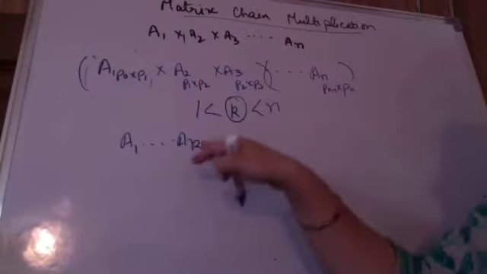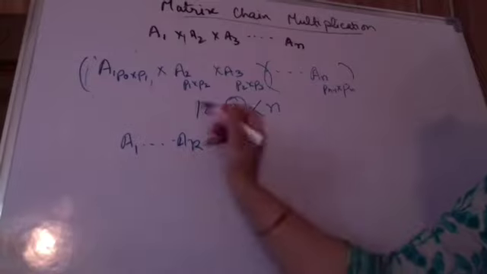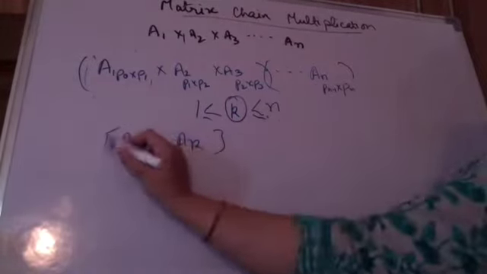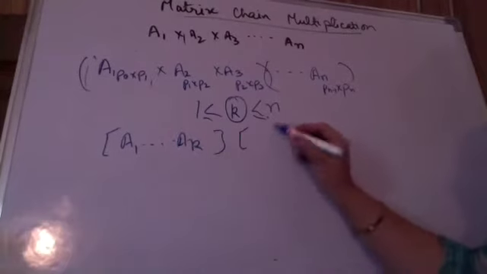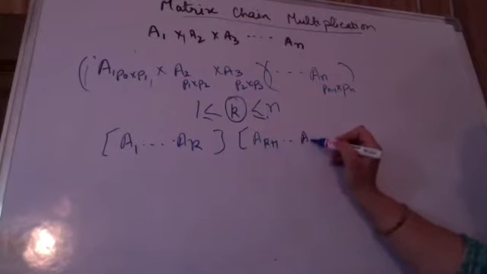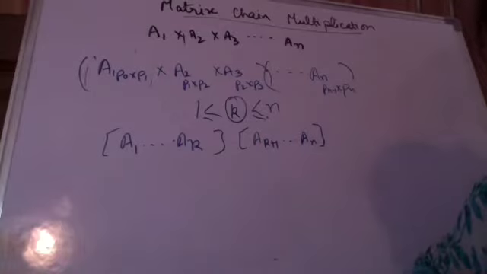It is possible कि K is itself n only, so सिर्फ A1 है. It is also possible. Or I am dividing this in one half, and the second half is from AK plus 1 till AN. ठीक है? There are two possibilities here.